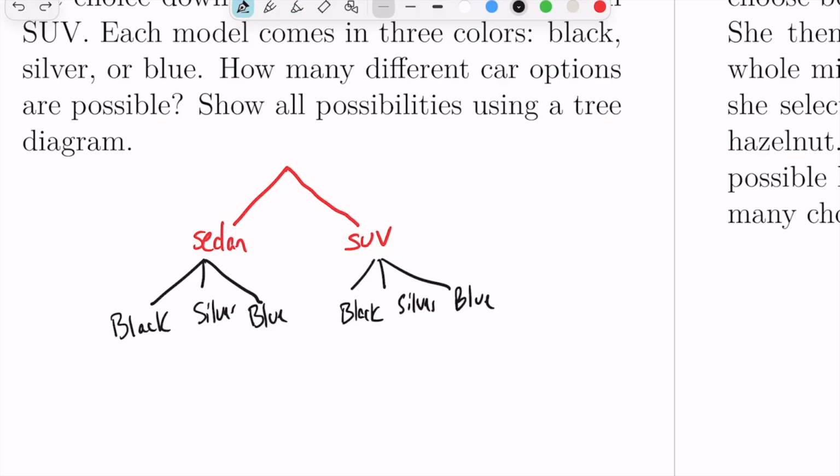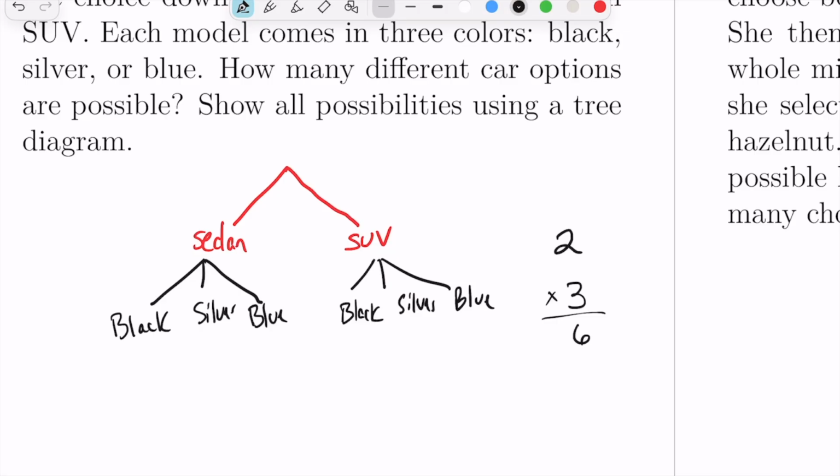Now, hopefully, even before you looked at this tree diagram and you watched me do this, you looked at this and said, wait a minute here. If he has 2 different choices for cars and he has 3 different choices for colors, I could probably just multiply those and get 6. And you would be exactly right.